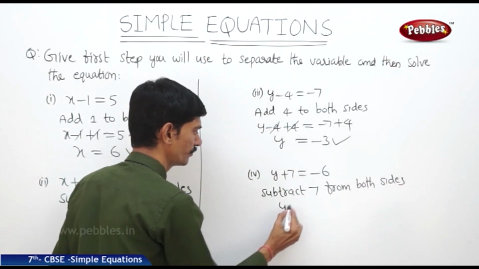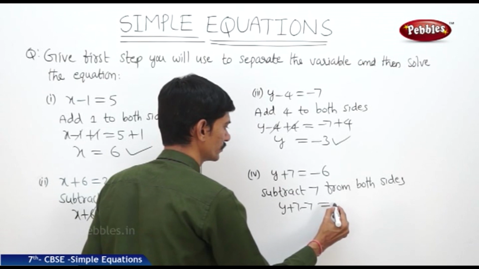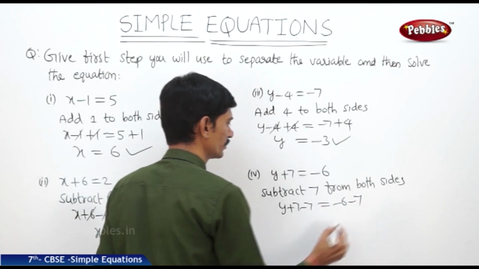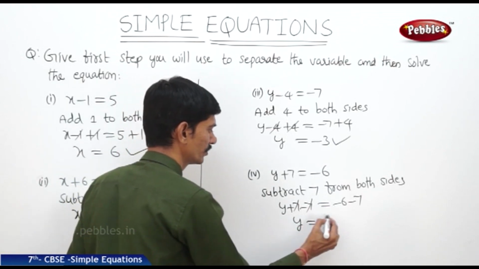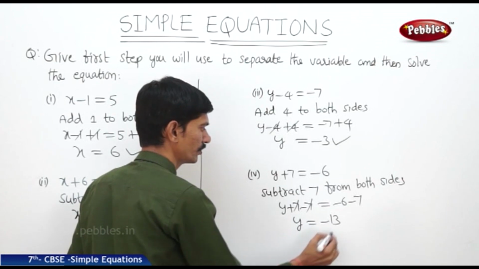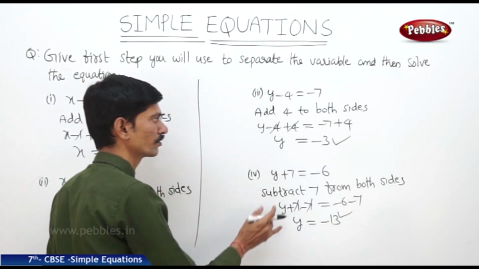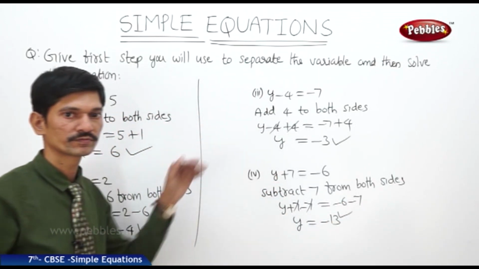Then we get y plus 7 minus 7 equals to minus 6 minus 7. Here plus 7 minus 7 cancel, then we get y equals to, here minus 6 minus 7 is minus 13. So here y equals to minus 13 is the solution of the given equation.